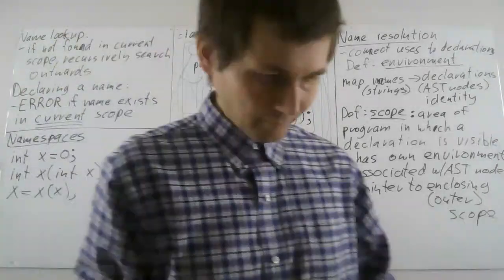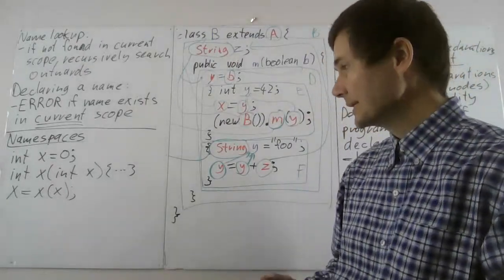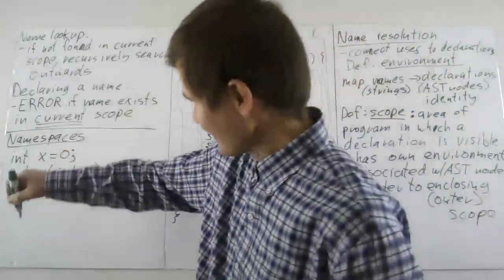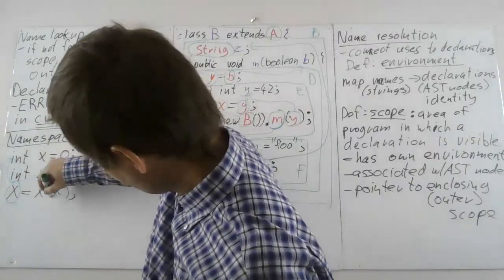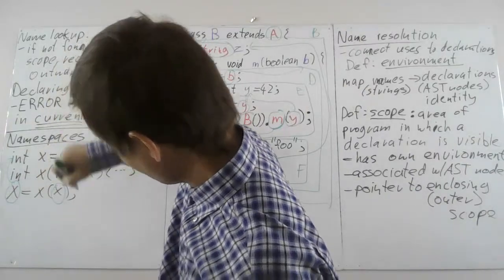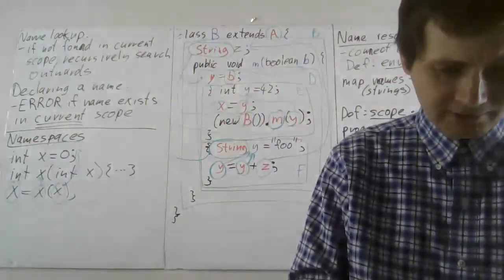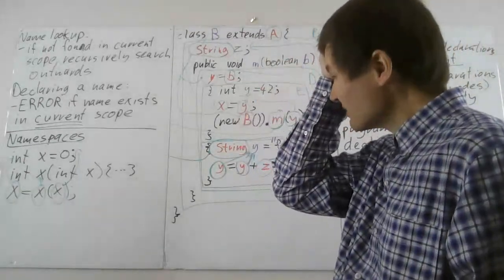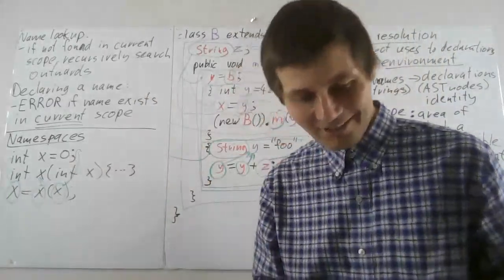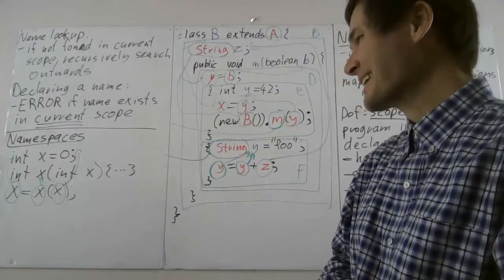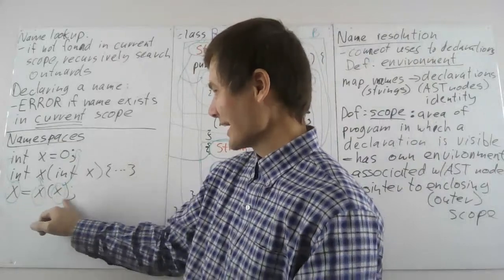Okay? So how am I going to resolve these names here? It turns out that this X is the field X, and this X is also the field X, but this X refers to the method X. First of all, why is this even allowed? Java allows it, and how am I going to resolve these two different X's?